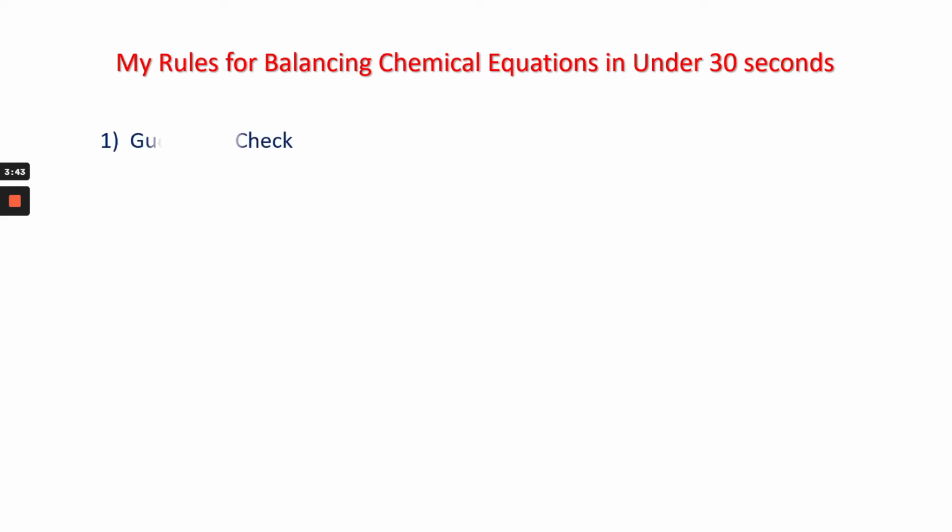Now, the first rule says guess and check. Well, I already told you guess and check is not a strategy. So let's get rid of that. Forget about that. Instead, when balancing an equation, what you want to do is go to the most complicated looking thing first. Now, that's not always the way you want to solve it.